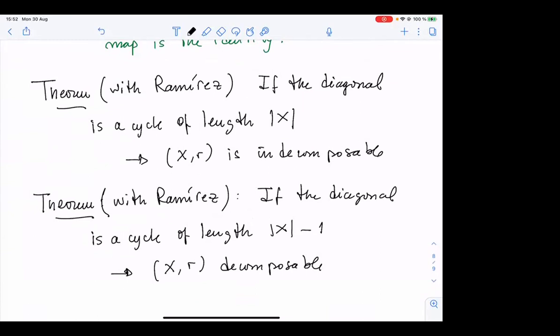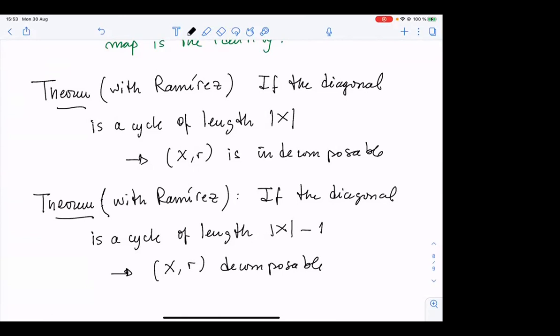It would be very nice to have all the results in this vein, but of course it's not very easy. So it seems that everything is related to the number of points that are fixed by this diagonal, right? Essentially, I think that there are some conjectures that we have, but I don't want to spend too much time on this, because we don't have really good reasons to believe that this is true.